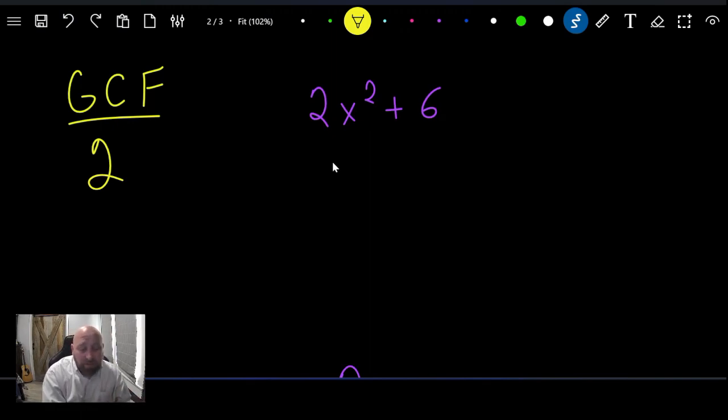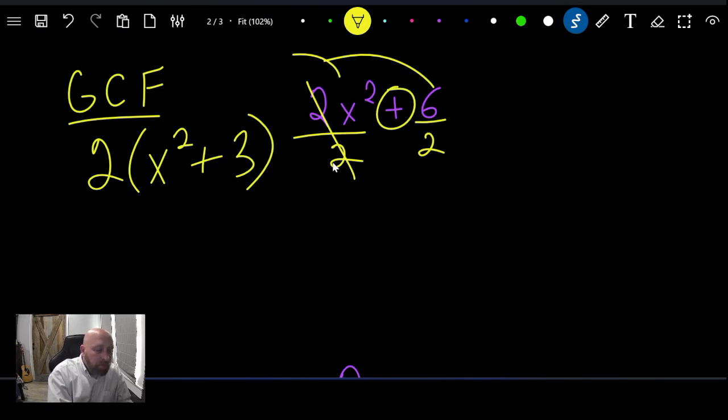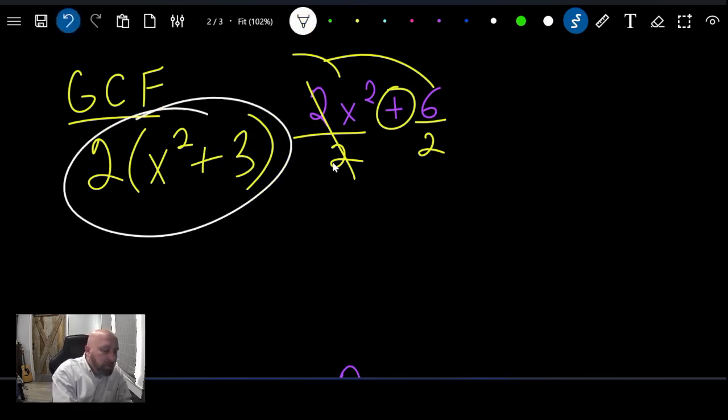It's just not there because it has to be common. We need it in the second one and it's not in the second one. So all we're going to do on this one is pull out that 2. We're going to divide by 2 and we're going to get what? That cancels out and we get x squared plus, and then this, what do we get here? We get 3. So this is our new answer right here.